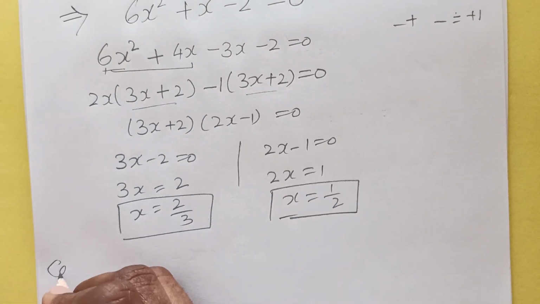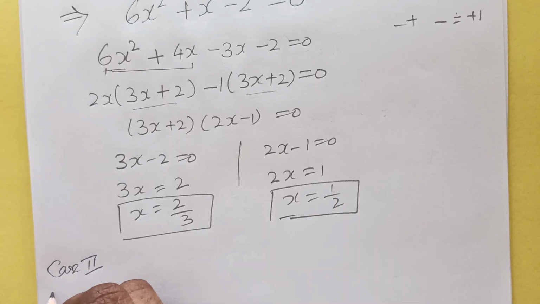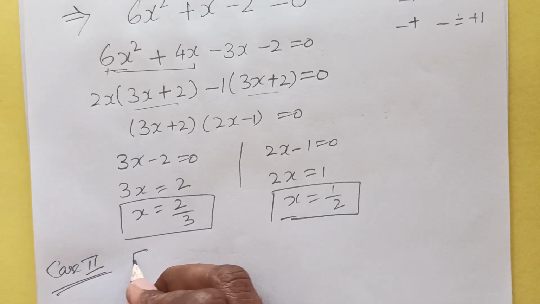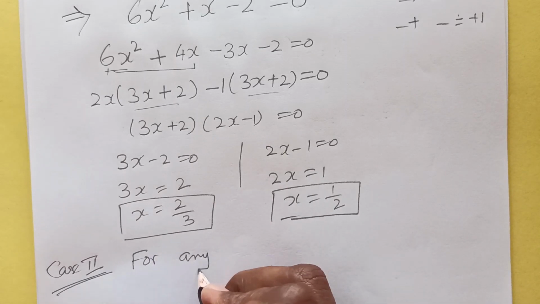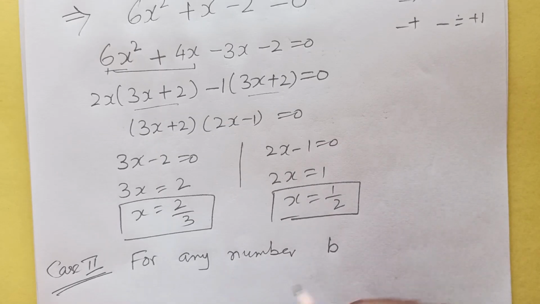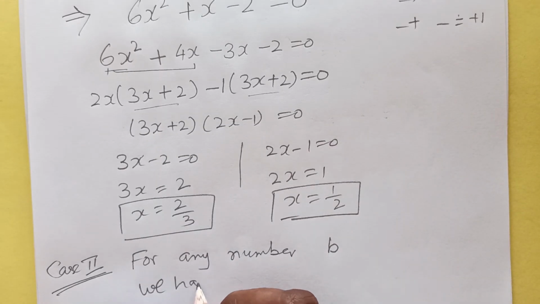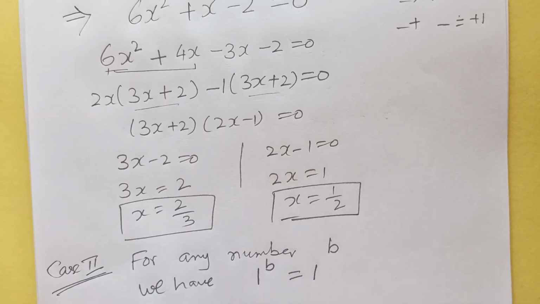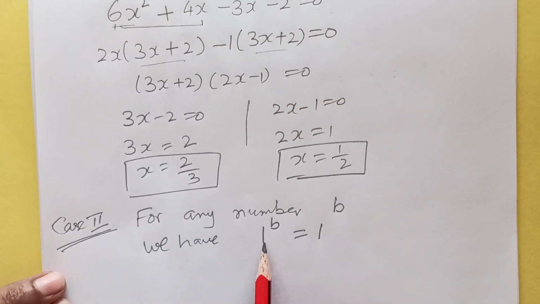Now case 2. So what is the other possibility? For any number b, we have 1 power b is always 1. So whatever power of 1 is, it always gives us 1.